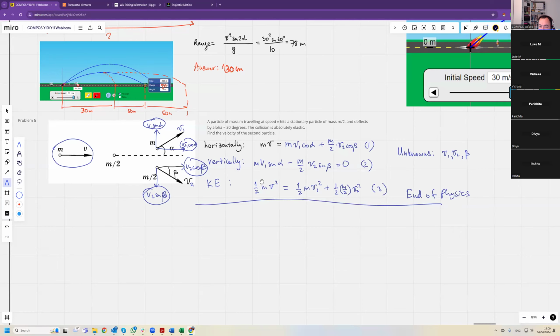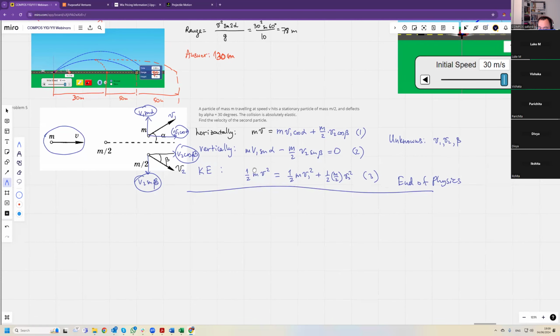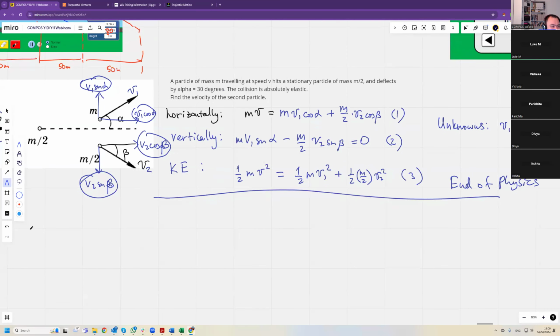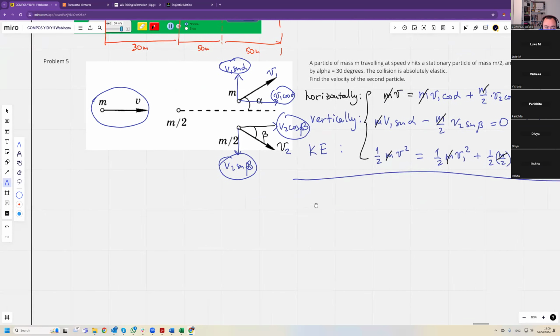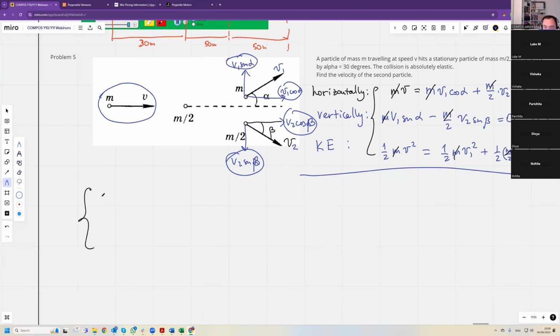Okay. Well, that's what we're going to do. It will take us some time. So first of all, I can see that m cancels. In every equation, m cancels. That's nice. So let's write them out. I'll need some space, so I'll just write them as v equals v1 cos alpha plus 1/2 v2 cos beta.